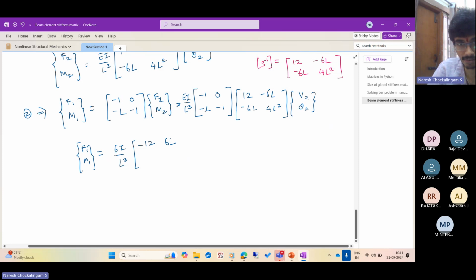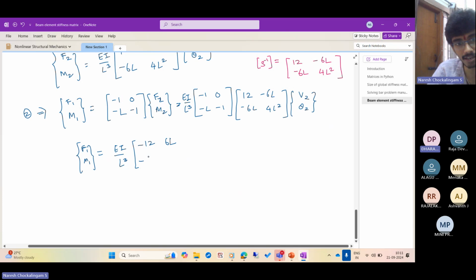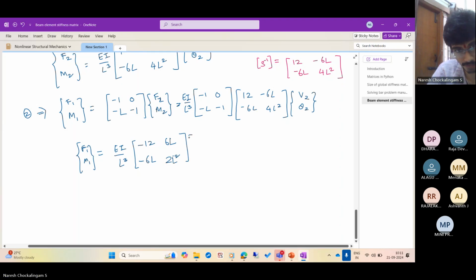Then you get minus 12L plus 6L, so it's minus 6L. And you have 6L square minus 4L square, which is 2L square. This is multiplying V2 and theta 2.